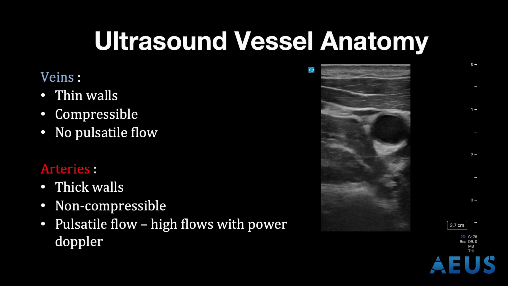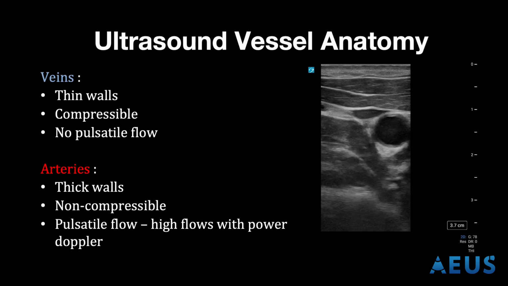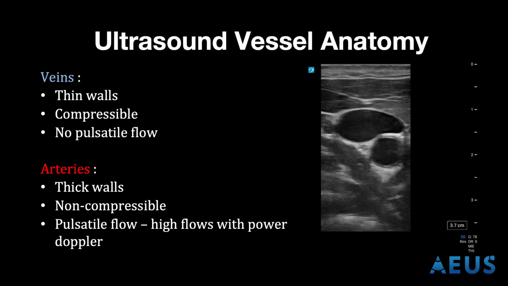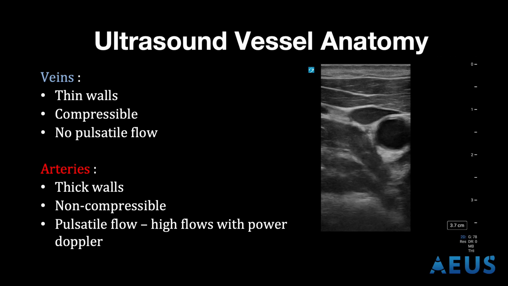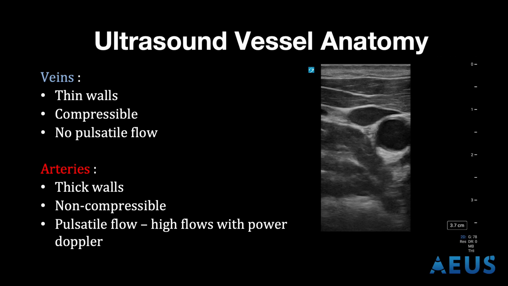The preparation for this procedure is key to successful outcome. So let's briefly review ultrasound vessel anatomy. Veins are going to be thin-walled structures that are easily compressible with gentle to light pressure.